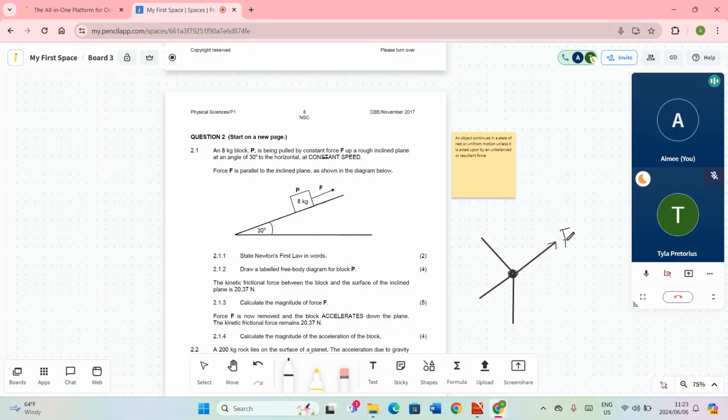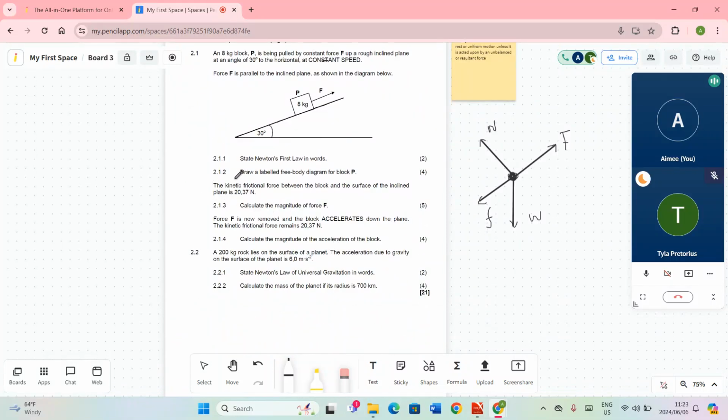So this is F applied. This is normal force. This is weight. And this is friction because it's moving in the opposite direction of motion. And that's your free body diagram. Okay?